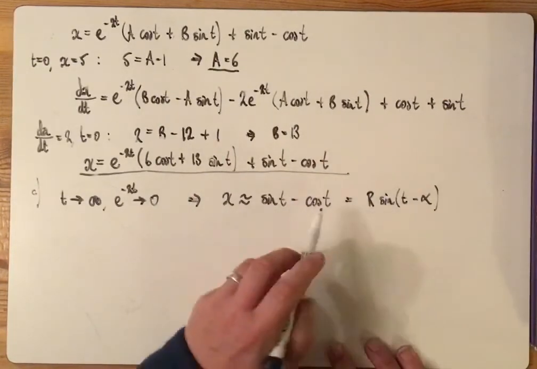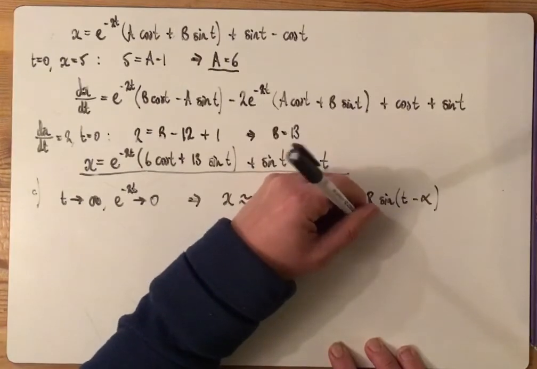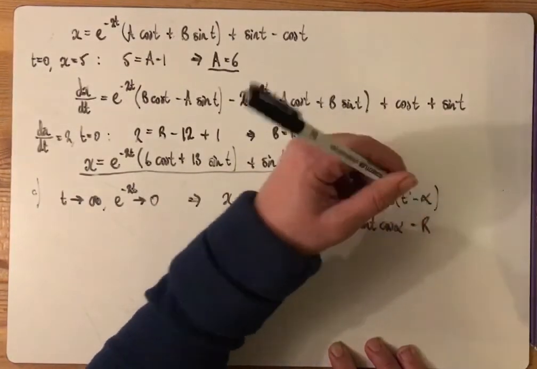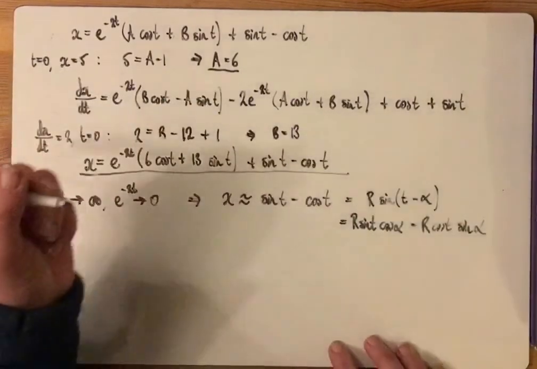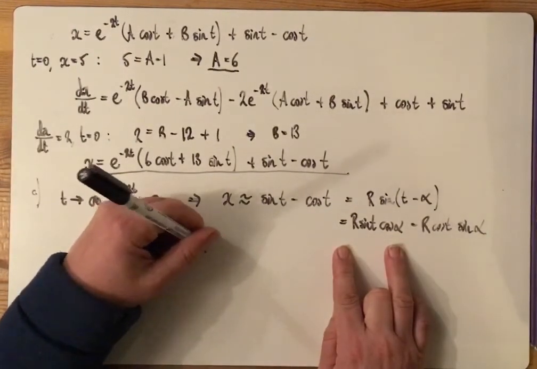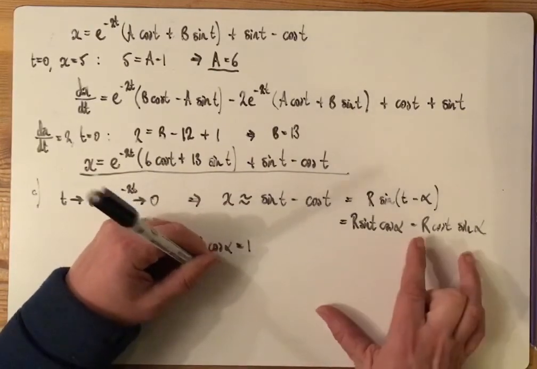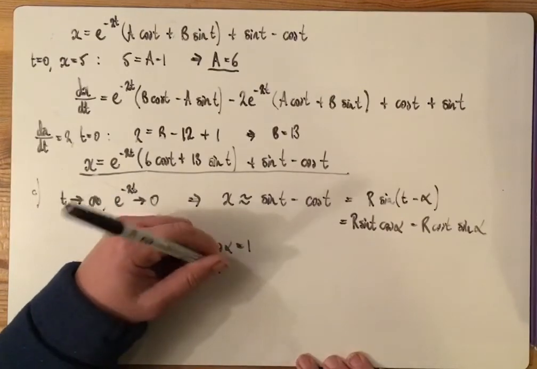and then you can put that into your r sine of (t minus alpha) form, because we've got this minus here. And so that is equal to r sine t cos alpha minus r cos t sine alpha, and then you can match up your coefficients. So r cos alpha is 1, r sine alpha is also equal to 1.